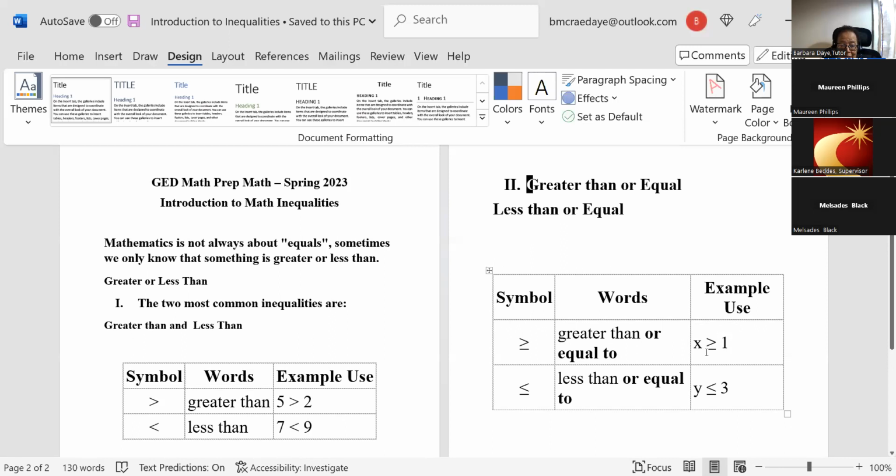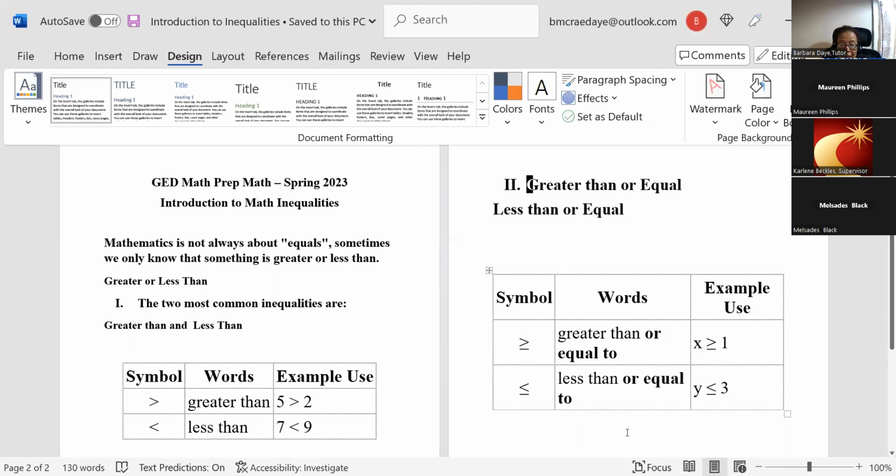So x greater than or equal to 1 means the number could be 1 or it could be something greater than 1, like 2, 5, or 6. If it's less than or equal, then it's equal to the number on the right, or it could be less than, like 2 or -1 or 0.